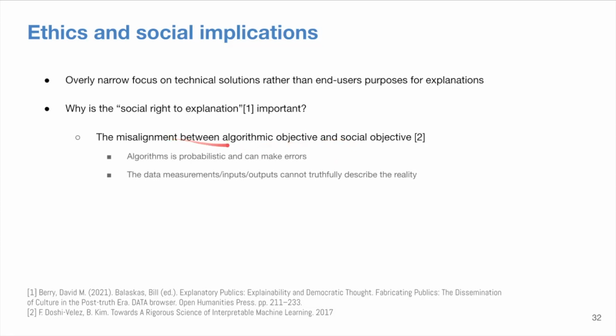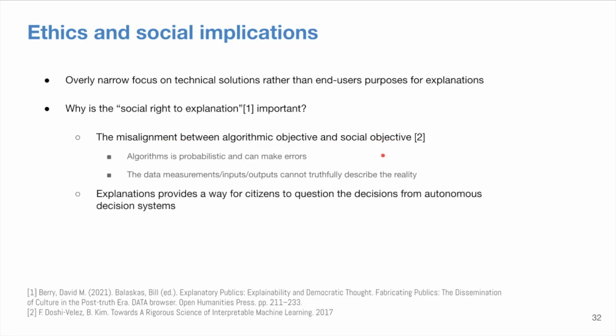That's the misalignment between the algorithmic objective and social objective. Because of this misalignment, it's important to provide users with some form of explanations so that users have the right to challenge or question the decisions made by the automatic system.